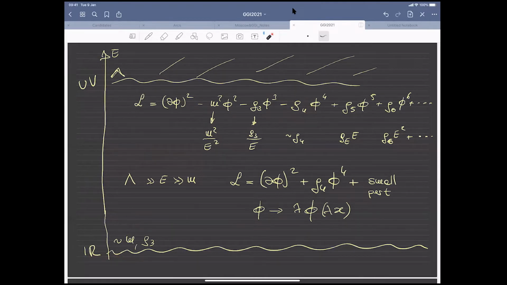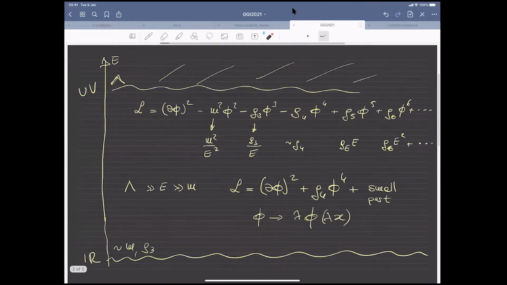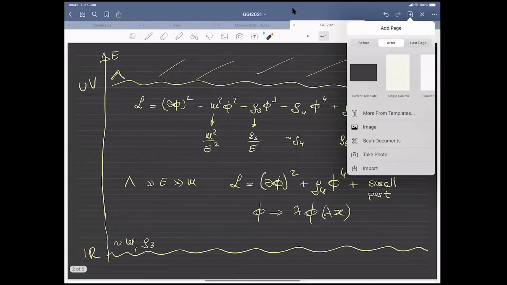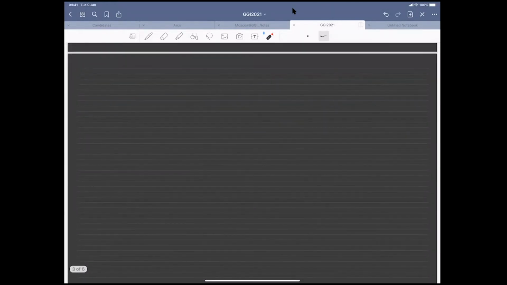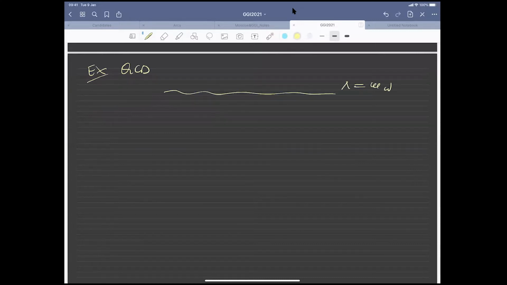That's precisely what happens in QCD. In QCD, you emerge at the scale lambda, which is MW, the W scale.